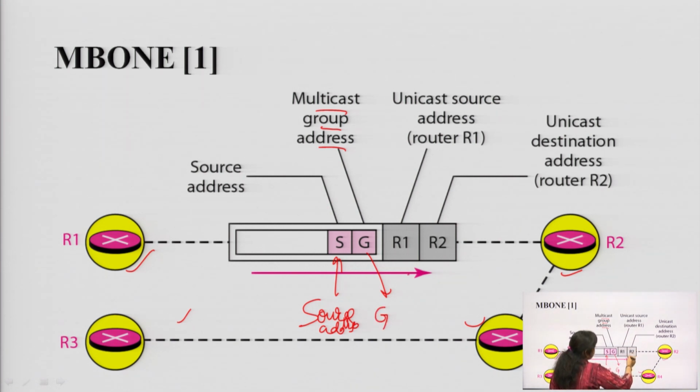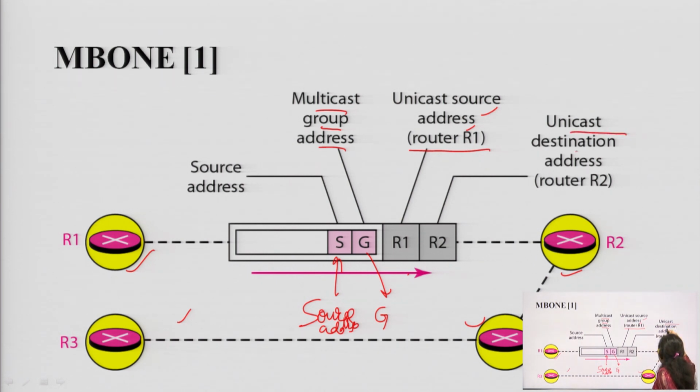This is the unicast source address, where in case of unicast, whenever a particular packet is transferred from one node to another node, intermediate routers are considered that act as a unicast source, where only one particular path has to be followed. So, that is the case for the unicast source address denoted by router R1.